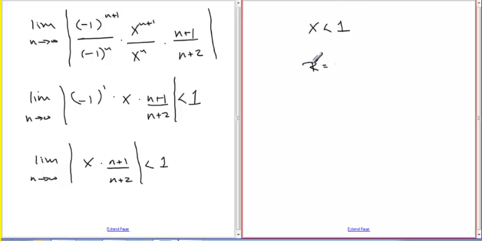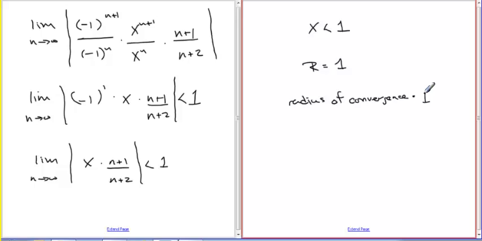And so our radius of convergence, which is what they're asking for here. So the radius of convergence is equal to r, which is 1. I'll just double check and make sure I did that correctly.